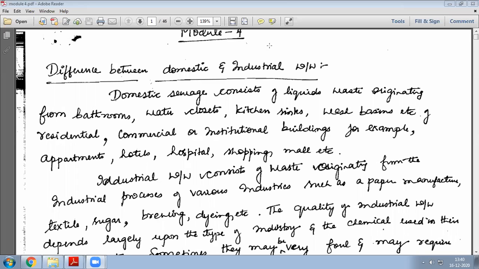How you can reduce the waste before we go into the process of treating it. So that whole set of general concepts, you'll be studying in the fourth model.